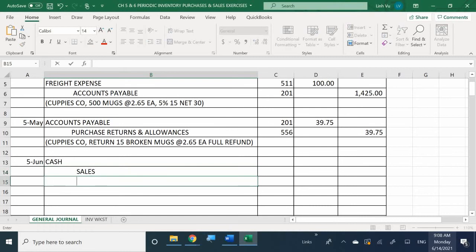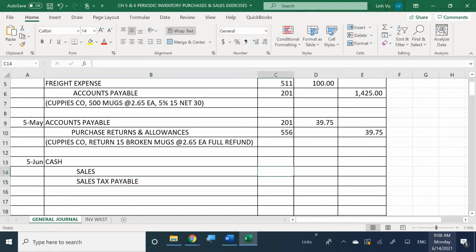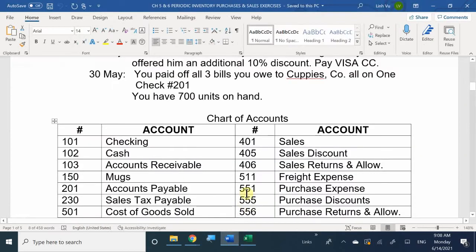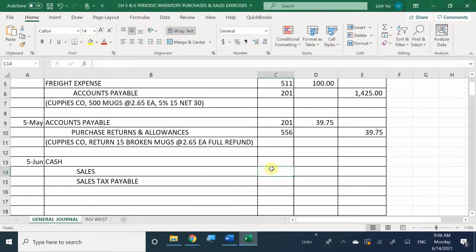And we also dealt with sales tax. Okay. So which account number is cash, sales, and sales tax payable? 401 for sales, 230. Okay, so sales was 401, sales tax was 230, and cash was 102.